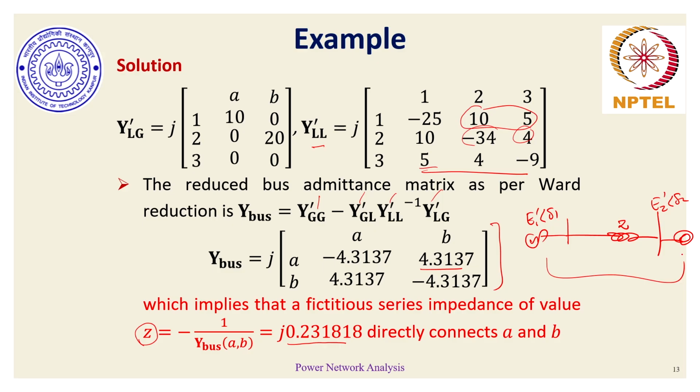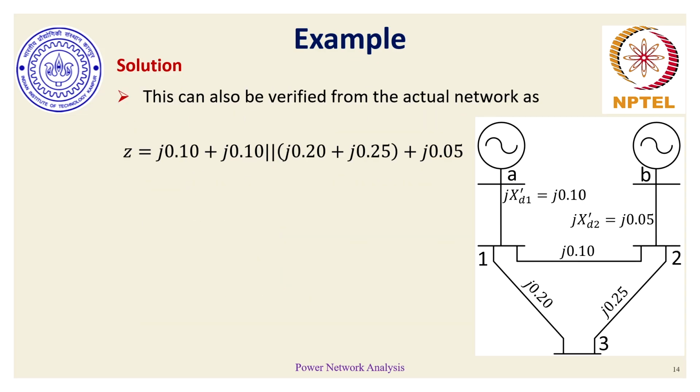Can there be a way to verify that this actually is the fictitious series impedance? Yes. Instead of doing Y-bus evaluation, one can use the usual network series-parallel combinations of impedances. So if we want to focus only on buses A and B, and we wish to remove buses 1, 3 and 2, it appears that j0.2 is in series with j0.25.